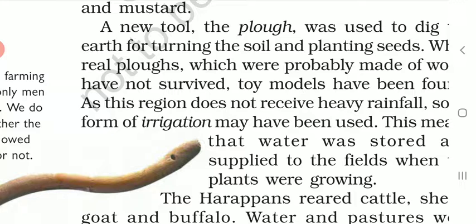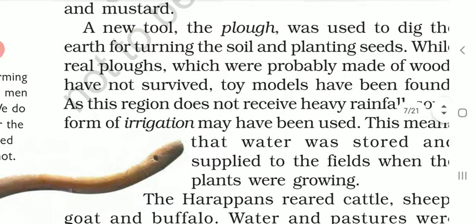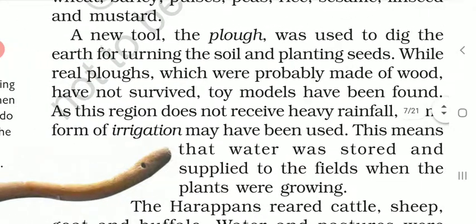With the help of that plow they are turning the soil so that the seeds can be sown. They make the soil loose so that the plant can grow in it, as well as the roots of the plant can spread. So at that time also the plow was introduced in agriculture in the Harappan cities.